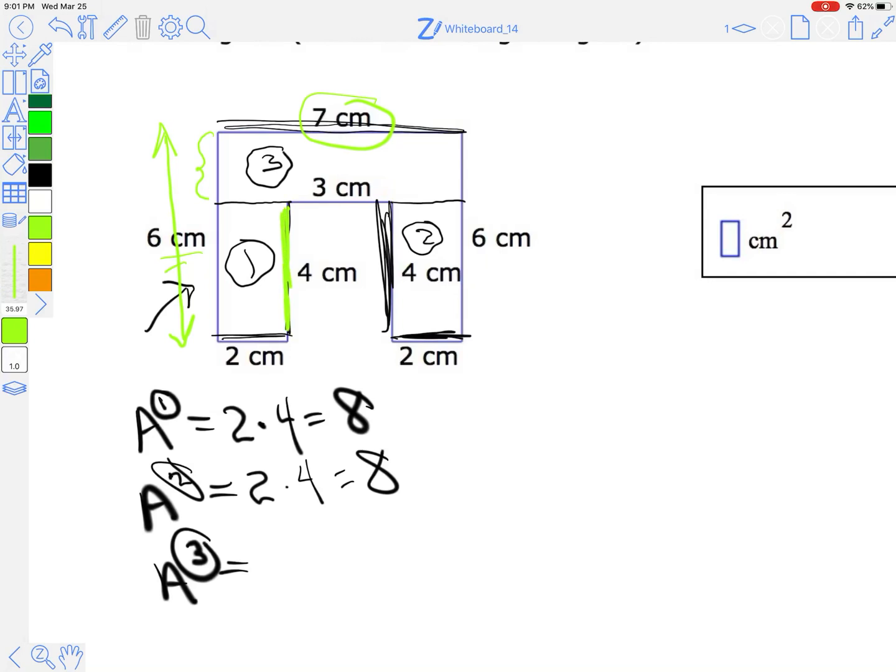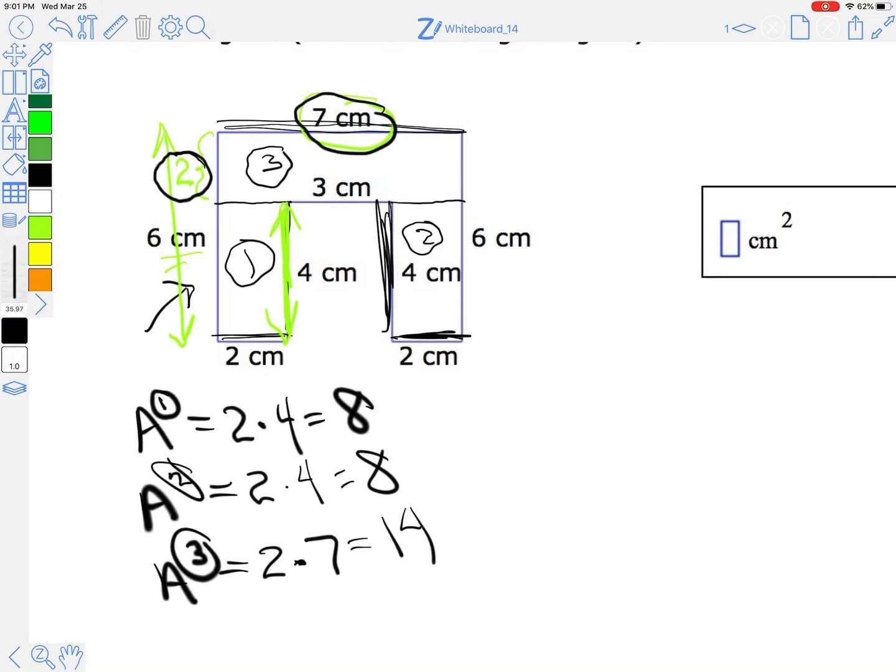And I know right here that number that I used was 4. So that must mean that there is 2 centimeters left right there. Okay, so the measurements I need for this third rectangle are 2 centimeters by 7 centimeters. 2 by 7 gives me 14.